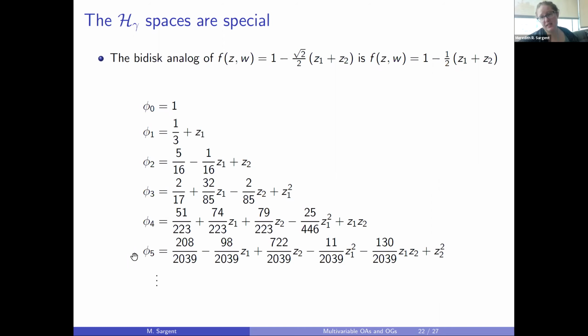They definitely don't have the same nice pattern of which monomials are included. There's definitely still something going on, some sort of symmetry, but I mean, we started with a symmetric function, so who cares? And it's definitely harder to get your hands on. In the ball, everything is round, it's nice. But in the bidisk, things are going to be much more complicated.